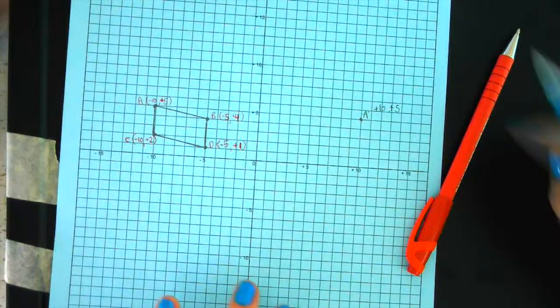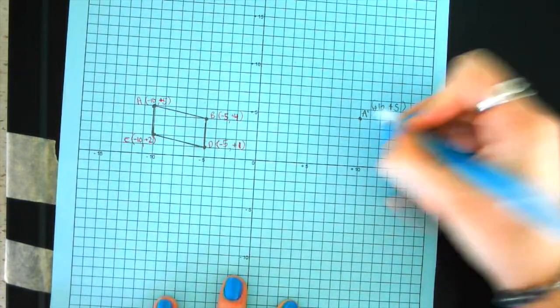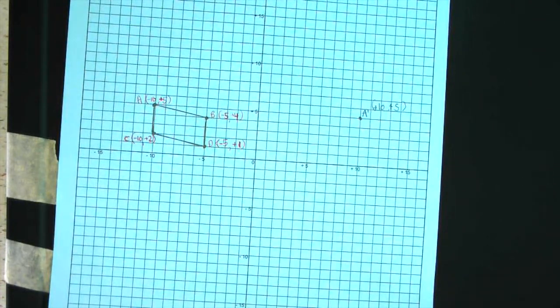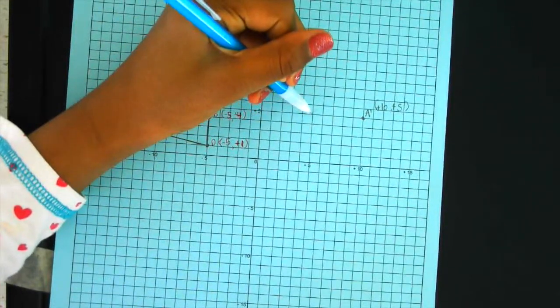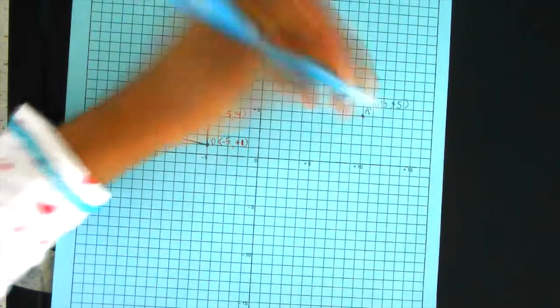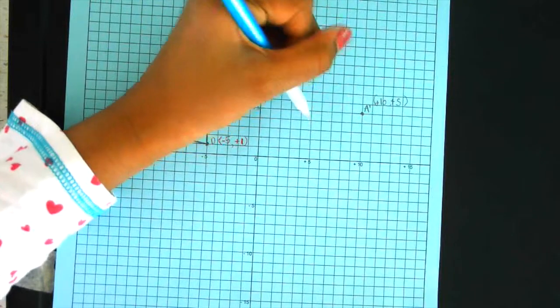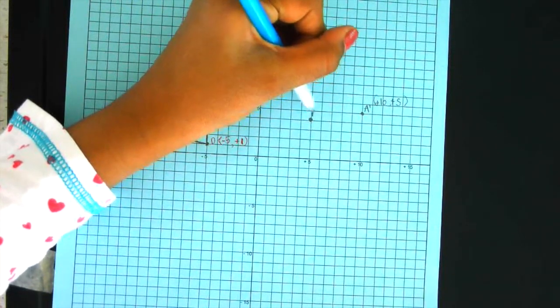We have positive 10 and positive 5. I like the way that you put that prime in there. Good work. Aaliyah, could you do B for us? It would be here.